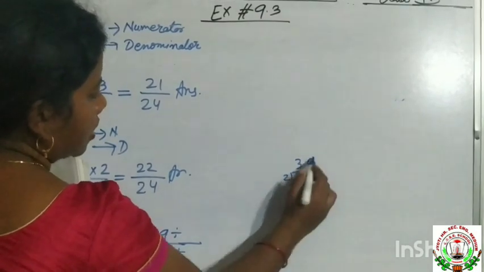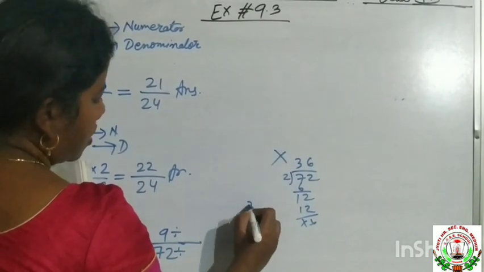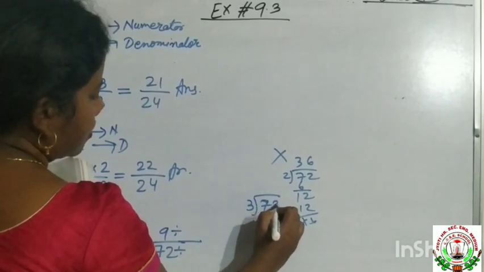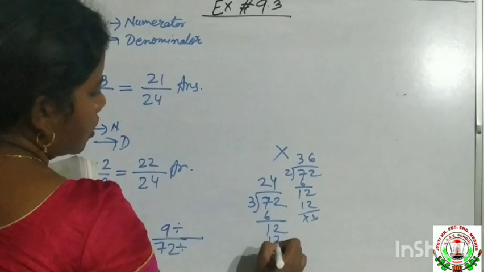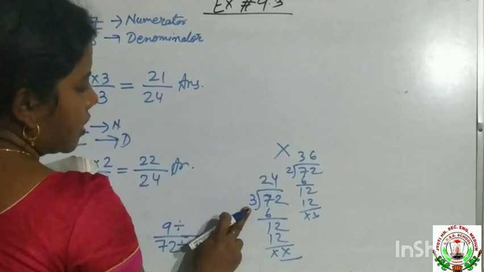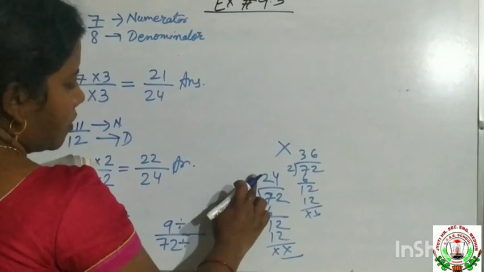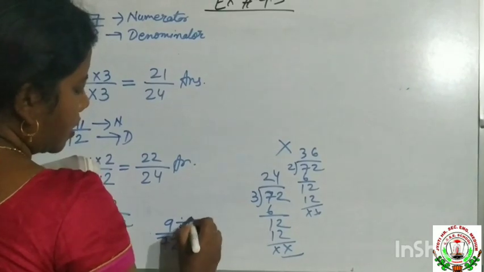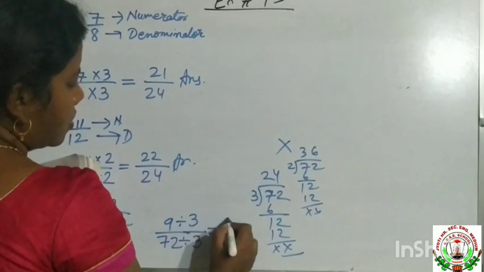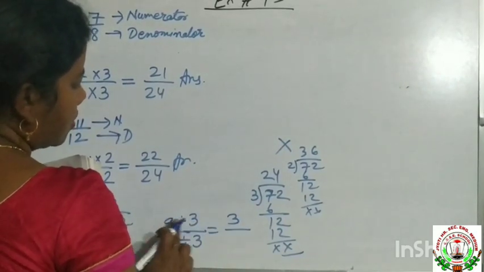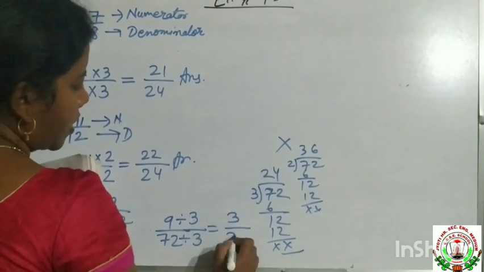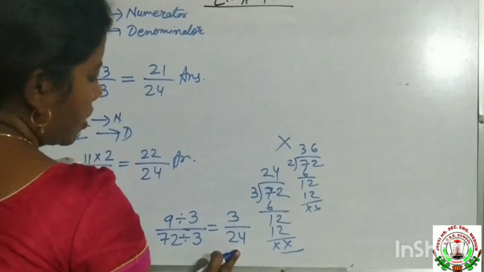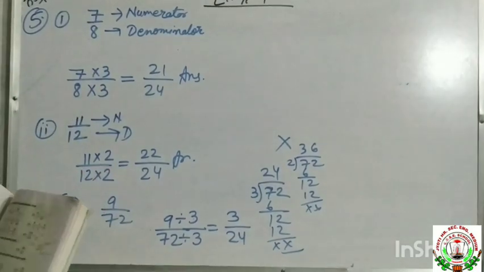We are not getting 24 here. When we divide by 3: 3 twos are 6, 3 fours are 12. That means when we divide by 3, we get 24. So we take 3. 9 divided by 3 is 3, and 72 divided by 3 is 24. So the denominator is 24.